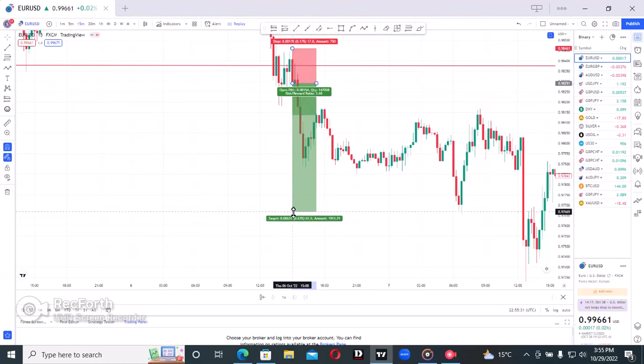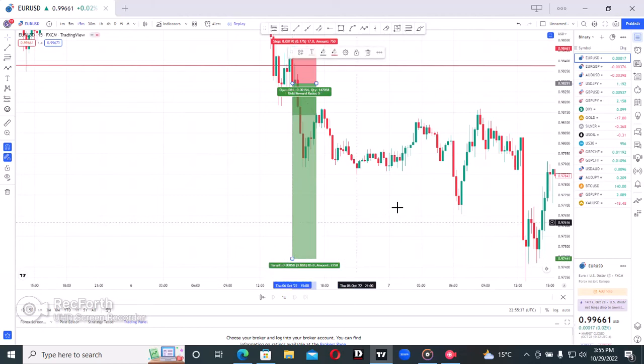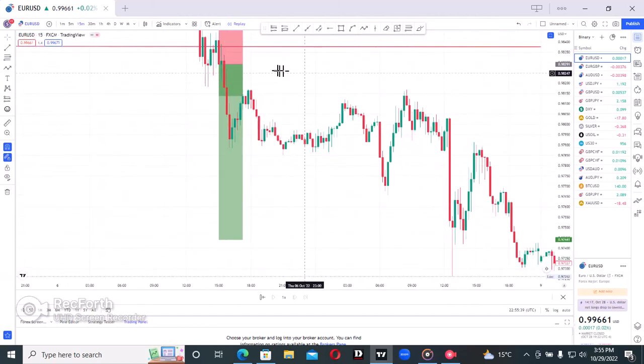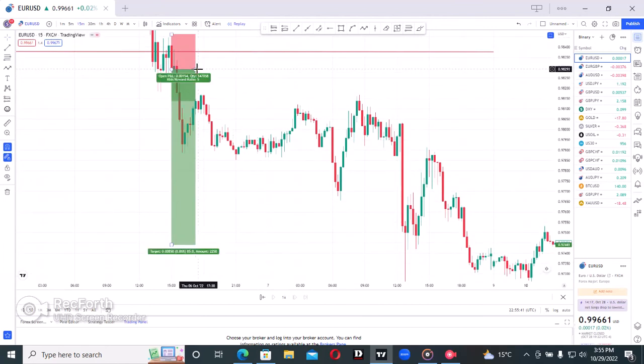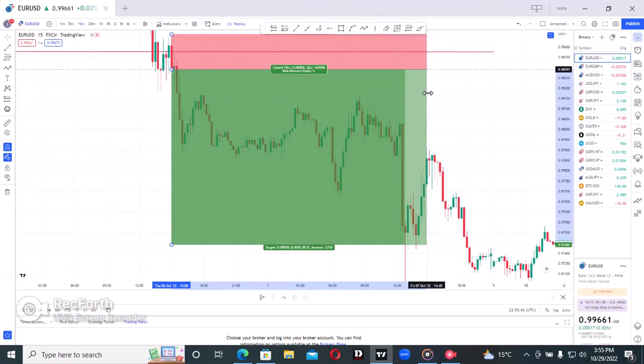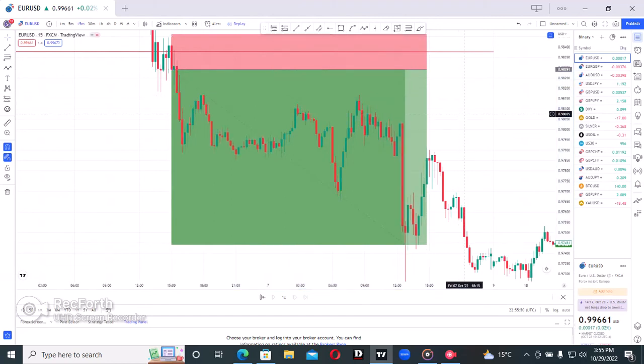There are some people who usually use a risk and reward ratio of 3, 4, 5. As you can see, there are some people who usually use this kind of risk and reward ratio.